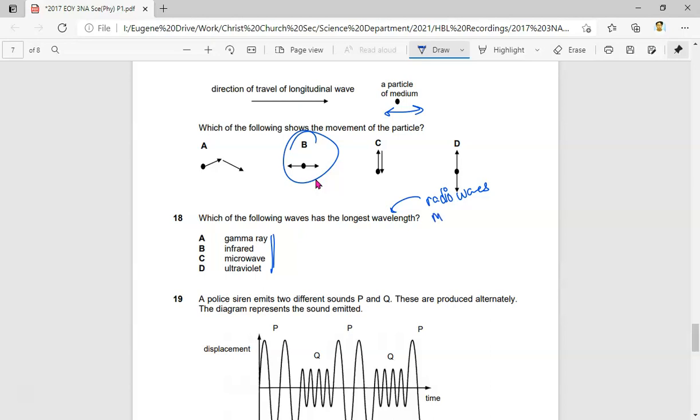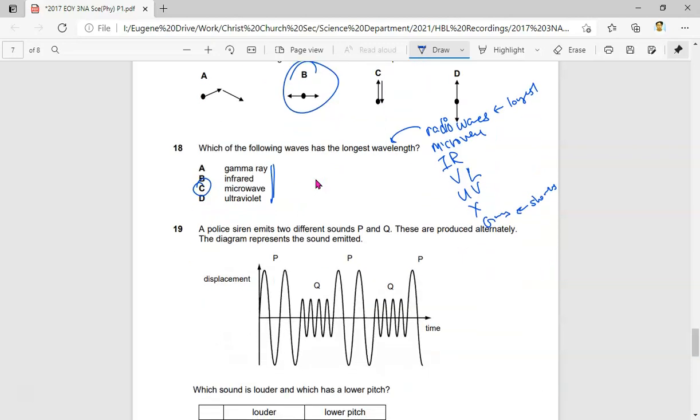Radio wave, microwave, infrared radiation, visible light, ultraviolet, X-ray, gamma ray. So radio waves have the longest wavelength. Obviously, then gamma must be the shortest. So if I compare all of this, after radio waves the second longest will be microwave. So C will have the next longest wavelength compared to radio wave.